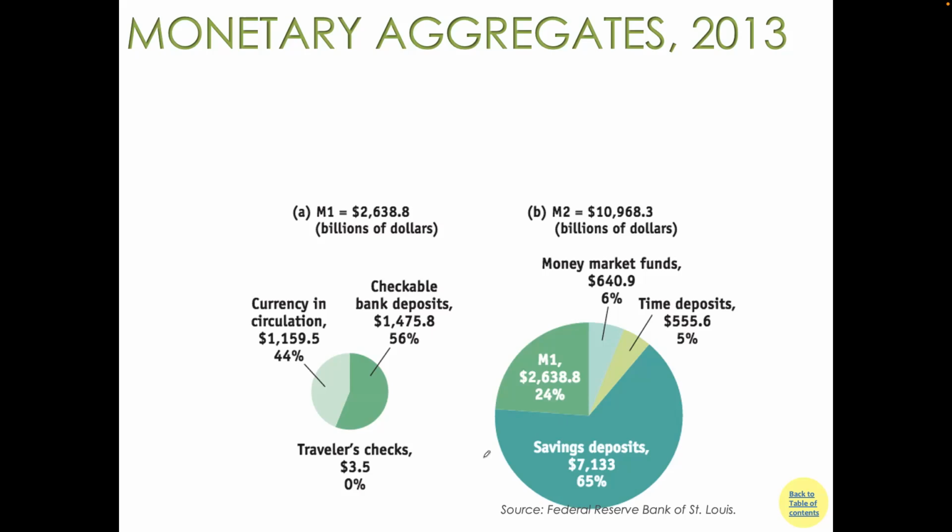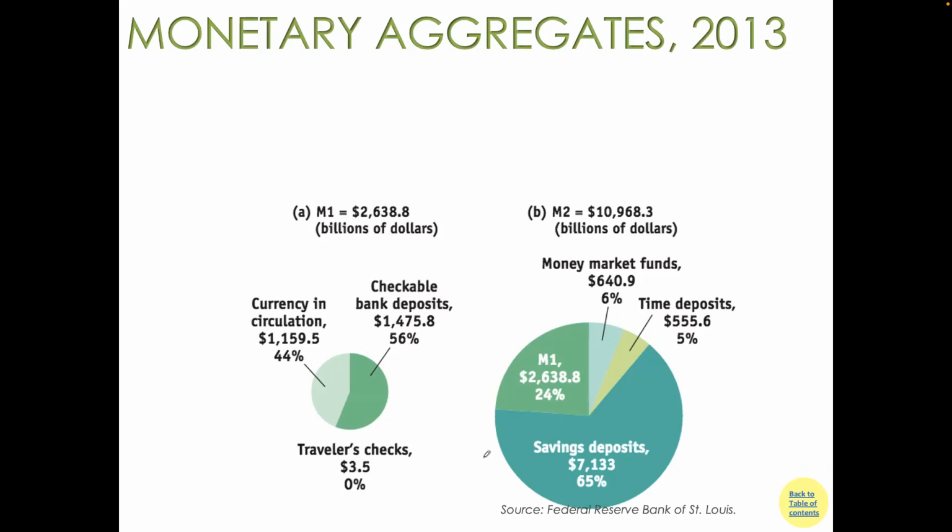M1 primarily includes two parts. The first is currency in circulation. Essentially, that's the cash you have in your wallet, the cash you keep at home for emergencies, or that some illegal drug dealers use for their wills or whatever reason, right?